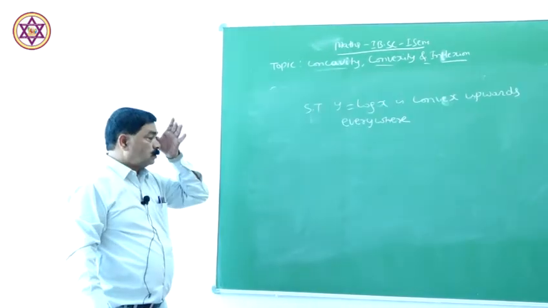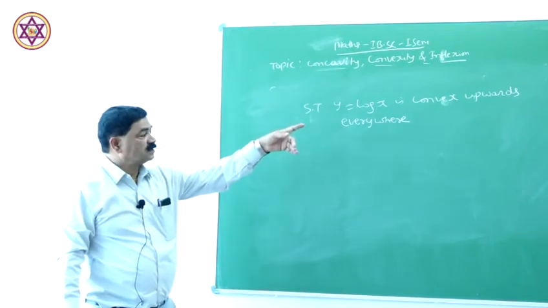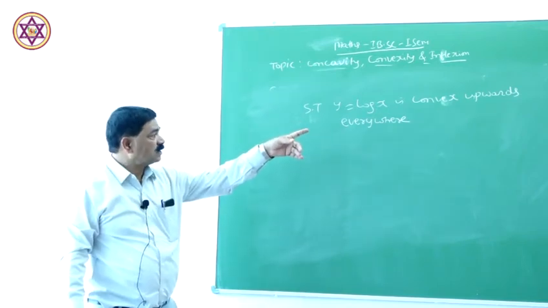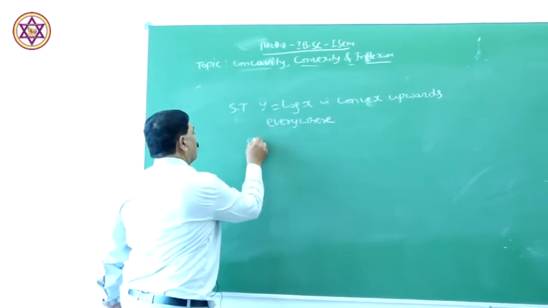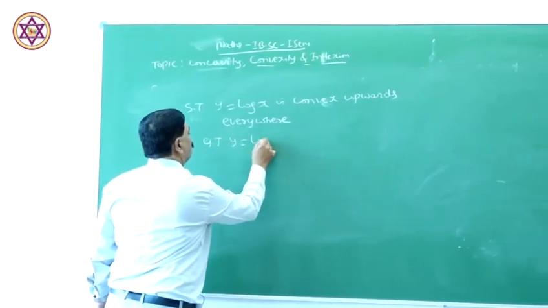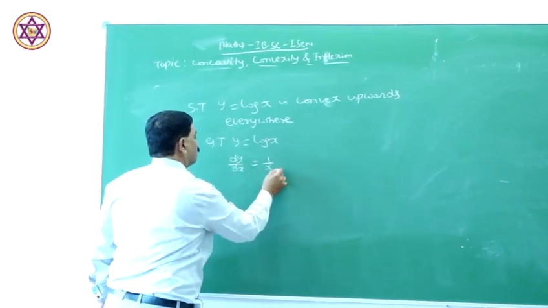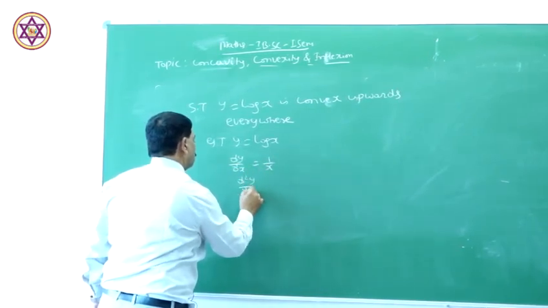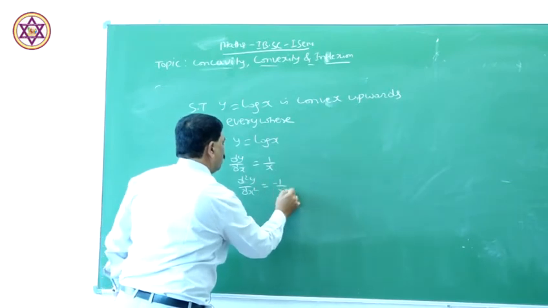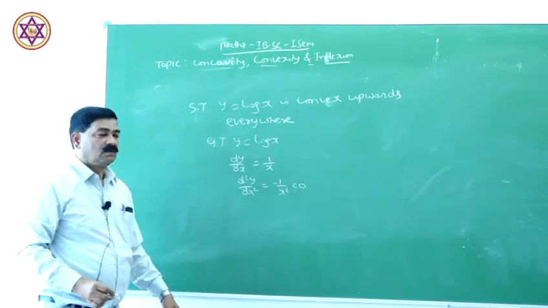That's it. Show that y is equal to log x is convex upwards everywhere. Given that y is equal to log x, dy by dx is 1 by x, d squared y by dx squared is minus 1 by x square, which is less than 0.